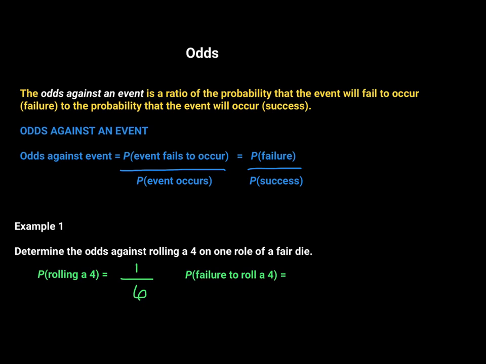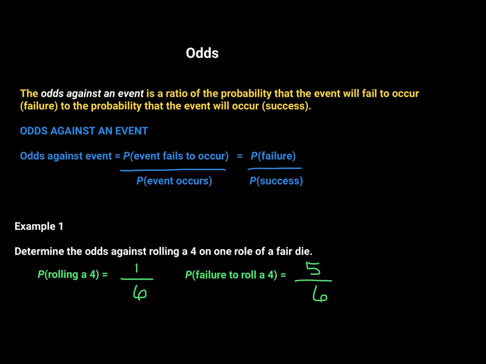We know that there are 5 ways we can fail: we can roll a 1, a 2, a 3, a 5, or a 6. Those are 5 different outcomes, 5 different ways we can fail out of 6, of course. So we know what our probability of success is, it's right here, and the probability of failure is here.